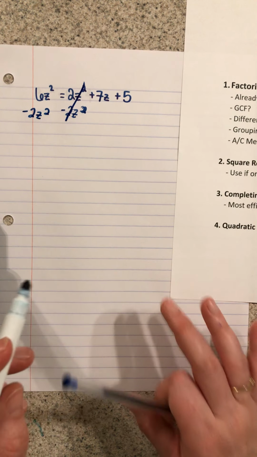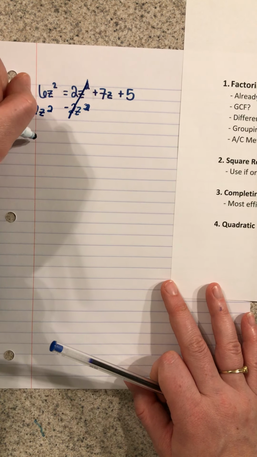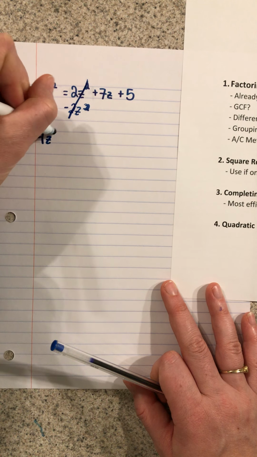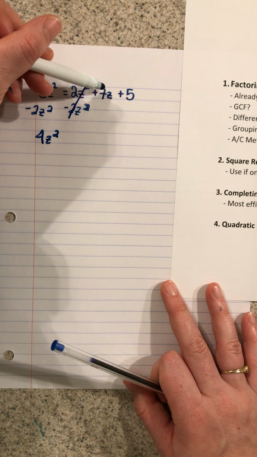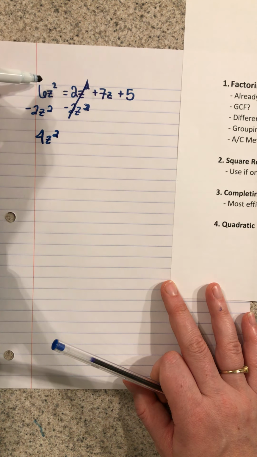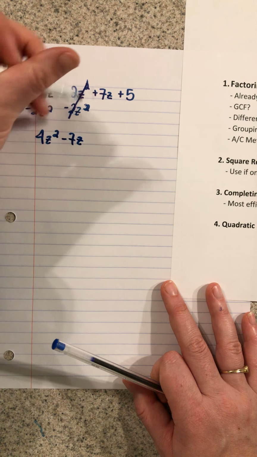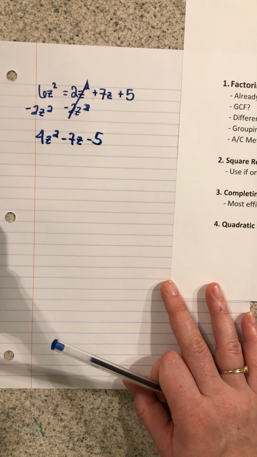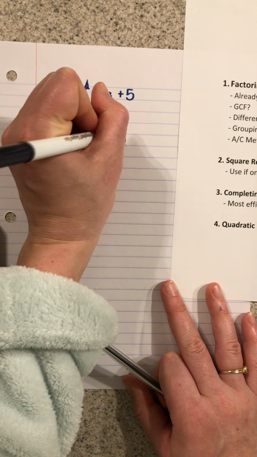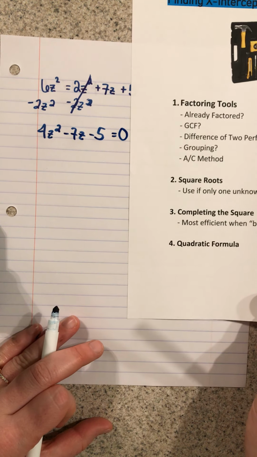Okay, 6z minus 2z squared is 4z squared. I'm also going to move the 7z and the 5 over to the left side of the equation, so that would be a negative 7z and a negative 5. Now we have our equation equal to 0, and I can go through my list of options.